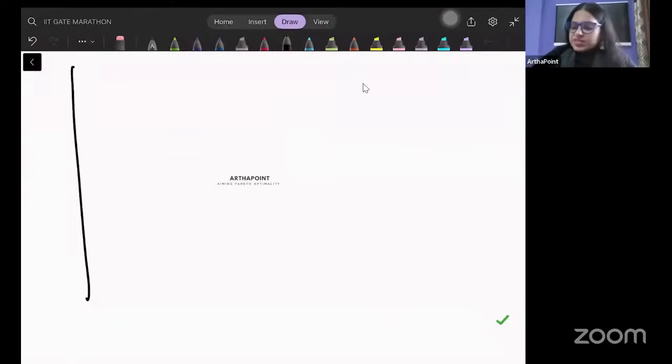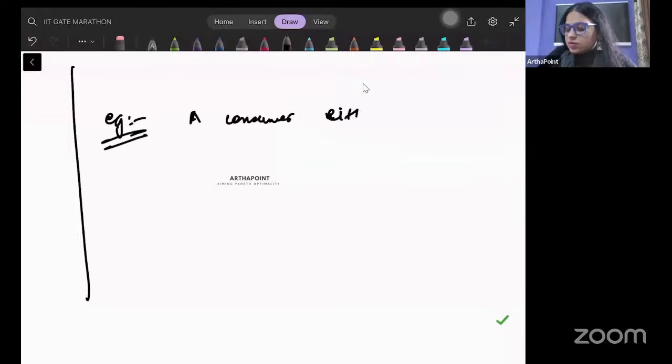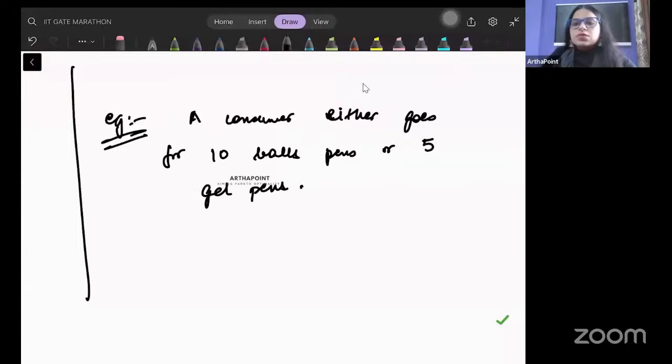So for example, let's say that beta you are given like this, that a consumer either goes for 10 ball pens or 5 gel pens, right? Write the utility function for this. ऐसा कुछ दिया हुआ है. And you represent ball pens with x and you represent gel pens with y.